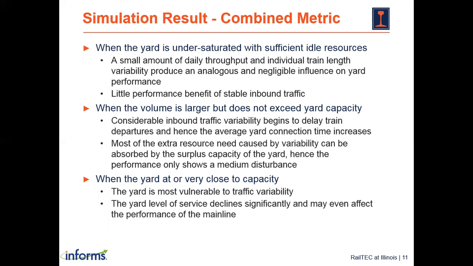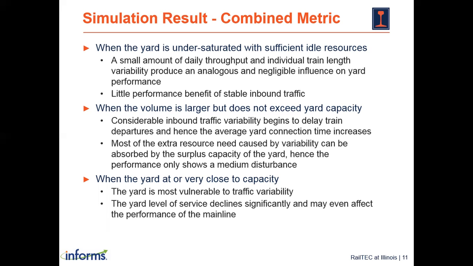A long train occupying the hump might cause unexpected queues in the receiving yard, and the long blocks exceeding their assigned track lengths need to take up extra tracks to store rail cars, which further adds to the complexity of pull-down operation. However, most of the extra resource need caused by the variabilities can be absorbed by the surplus capacity of the yard. Hence, the performance only shows a medium disturbance.